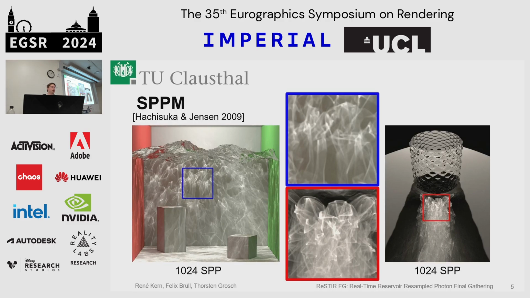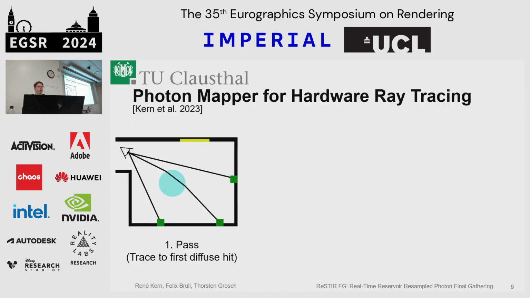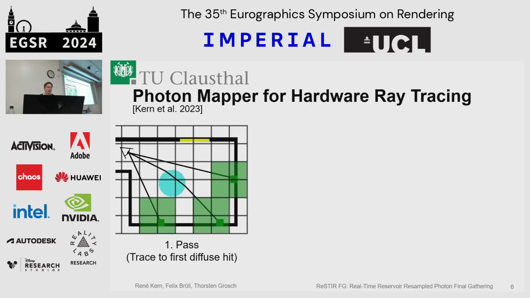But in our recent work, we introduced a GPU-optimized version of stochastic progressive photon mapping, which I will now quickly go through. This was a three-pass algorithm. On the first pass, we trace until the first diffuse hit. These hits are then stored in a buffer. We also mark the position of the hit in a binary world space hash grid for later use.